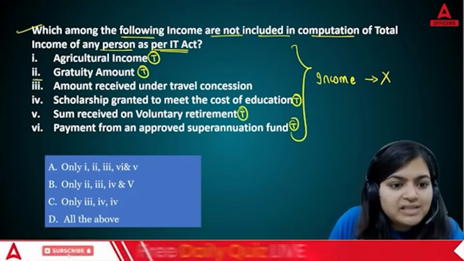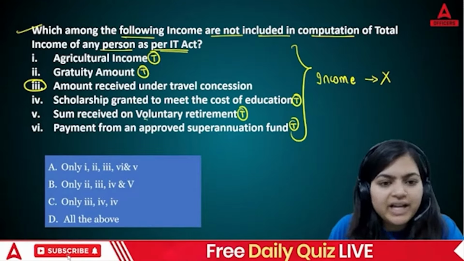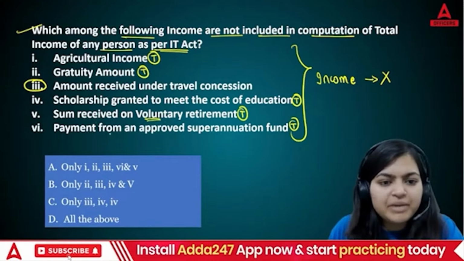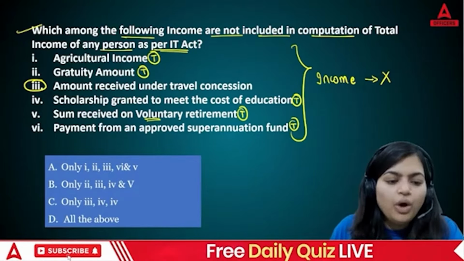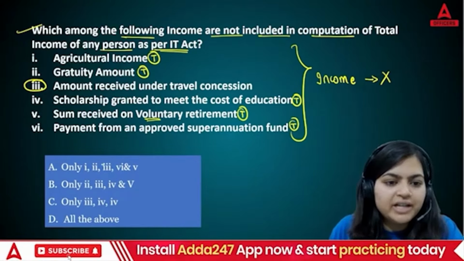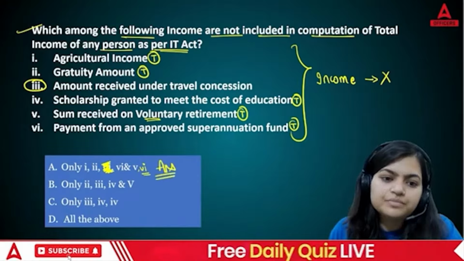Sum received on VRS is also exempted. Payment from the approved superannuation fund is also exempted. Only 1, 2, 3, no, this is wrong because it includes 3. So all of the options are not correct. Here you need to eliminate this third point. Otherwise 1, 2, 3, 4, 5, and you need to add 6. So the right answer is answer A.